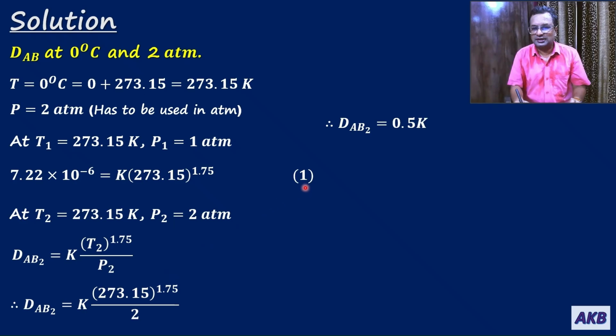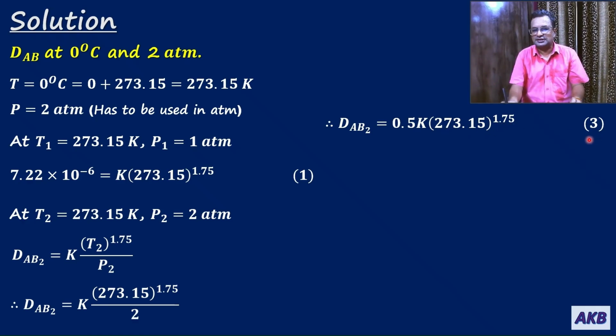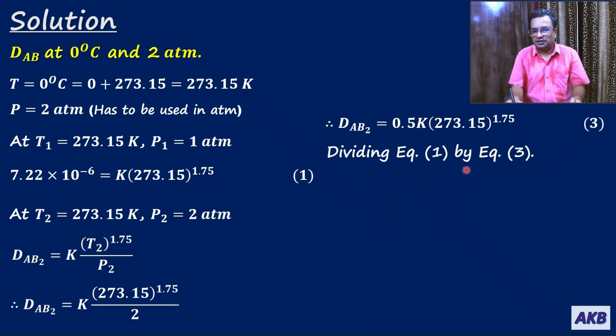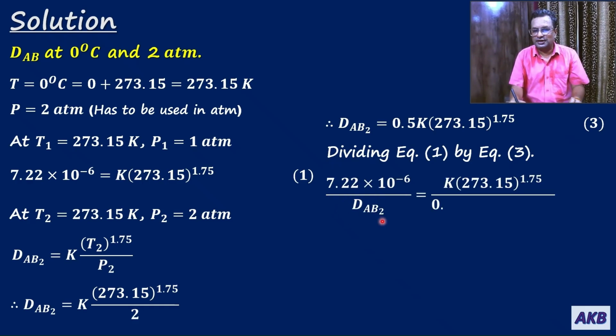So DAB2 in this case will be 0.5 into k into 273.15 raised to 1.75. I am calling this equation number 3. And now we will divide equation 1 by equation 3, same thing. So it will be 7.22 into 10 to the power minus 6 divided by dAB2, equal to k into 273.15 raised to 1.75 divided by 0.5 into k into 273.15 raised to 1.75.